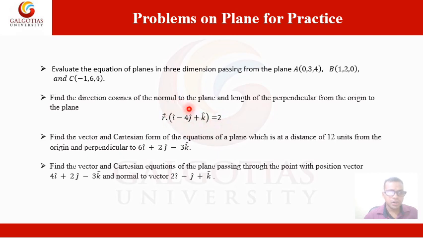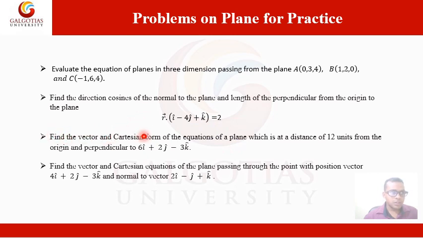So normal means something looking like d cap that you have to find here. So d cap is going to be d vector by modulus of d vector. So I can have some result here that will give you the direction cosines, and in the same manner I can have the length as q by modulus of d.